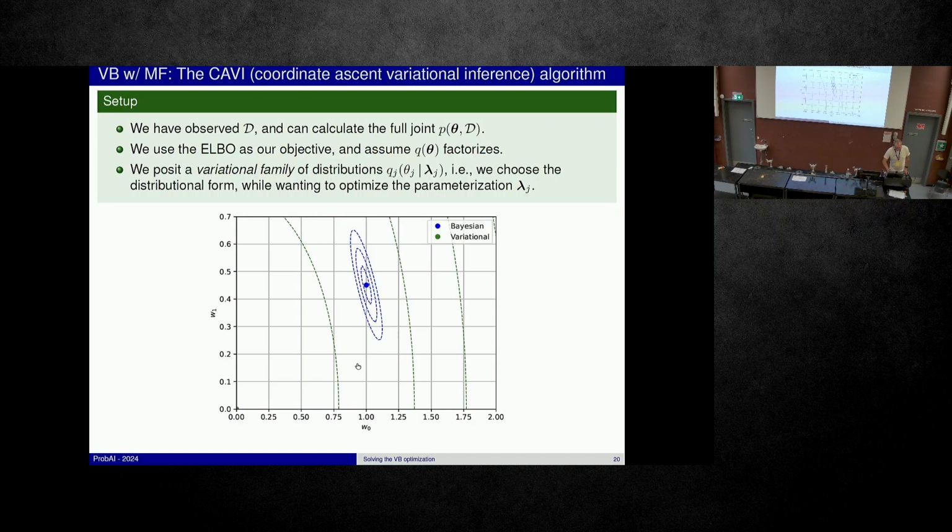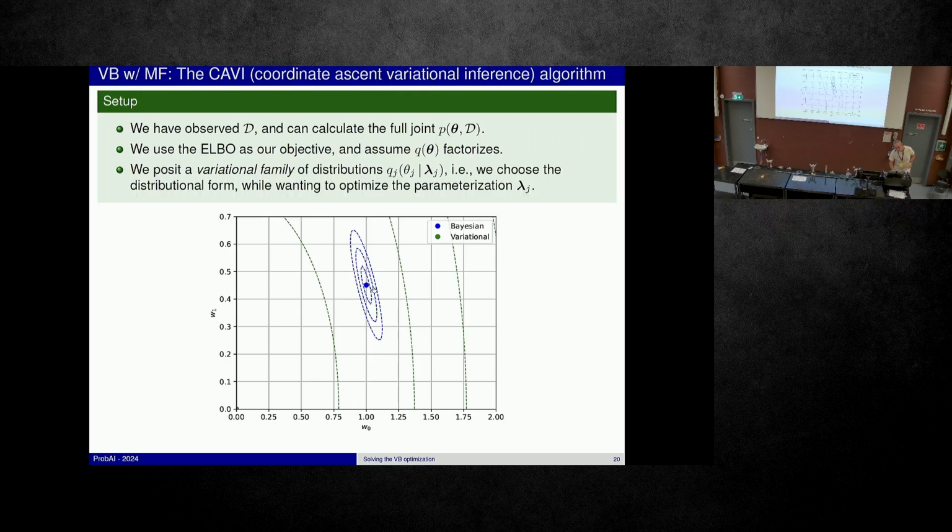Good. So here is just the final slide. It's a movie of what is going to go on. We have a setup where we are optimizing the distribution for the offset, W0, and the incline, W1, in this regression model, step by step.